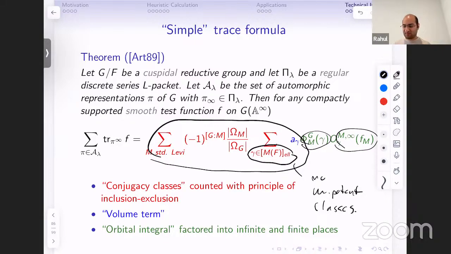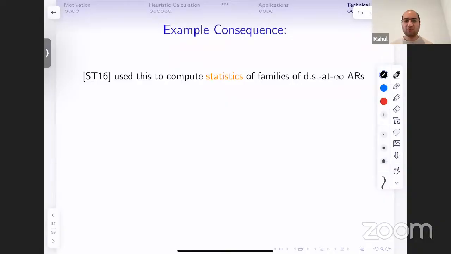So what are some implications of what this lets us do? Well, I think a very good set of example consequences can be found in a paper of Shin and Templier, which pushes this formula, Arthur's simple trace formula, basically as far as people have been able to.